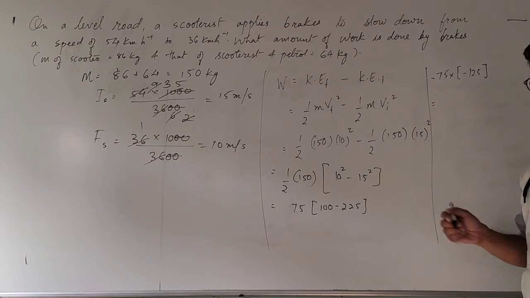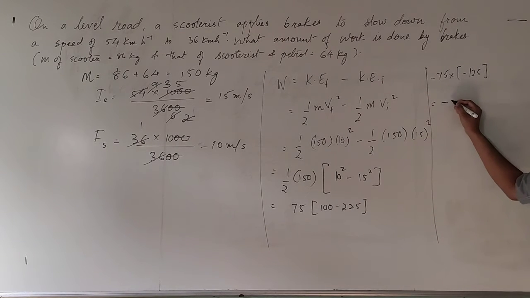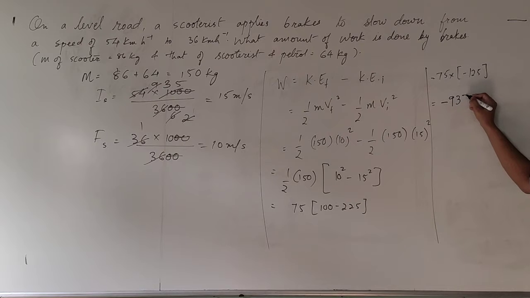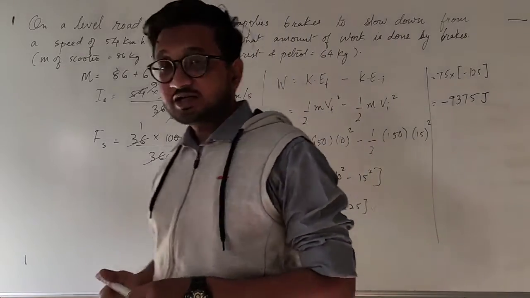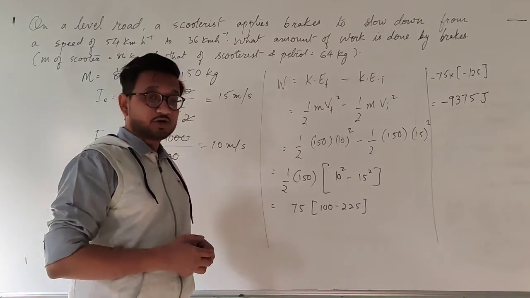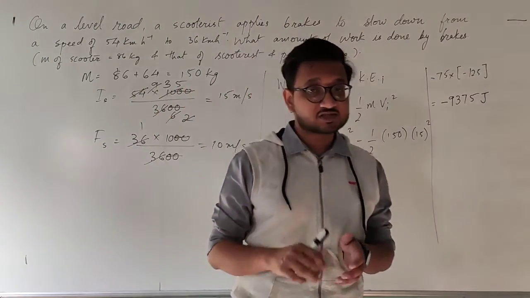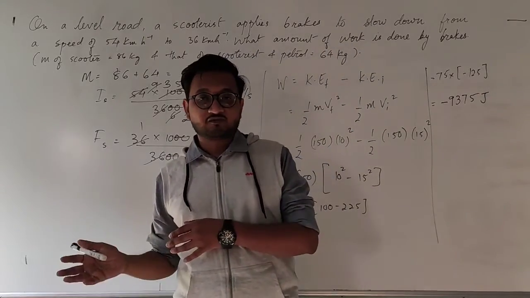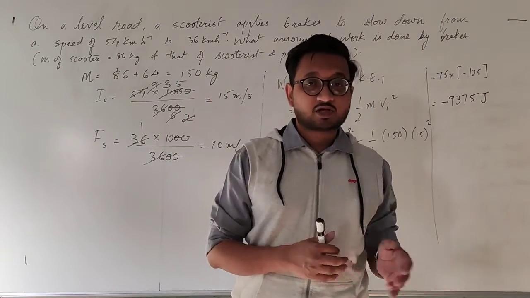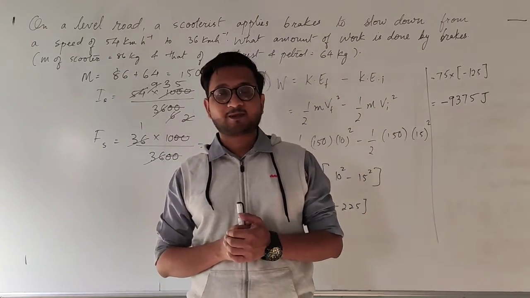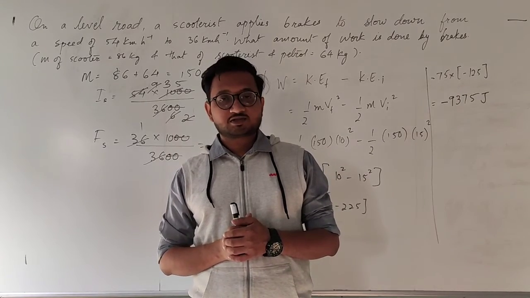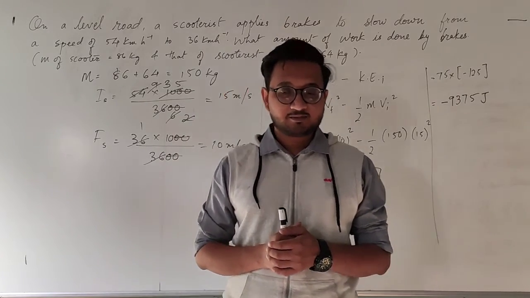And finally multiplying this will give me minus 9375 joules. So this much amount of work is done by the brakes in order to reduce the velocity or the speed of the scooter from 54 kilometers per hour to 36 kilometers per hour. I hope it is clear to students. We'll move on to another one.